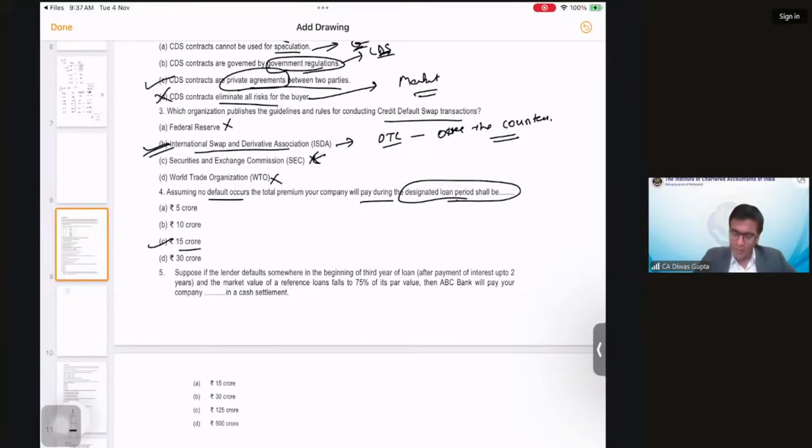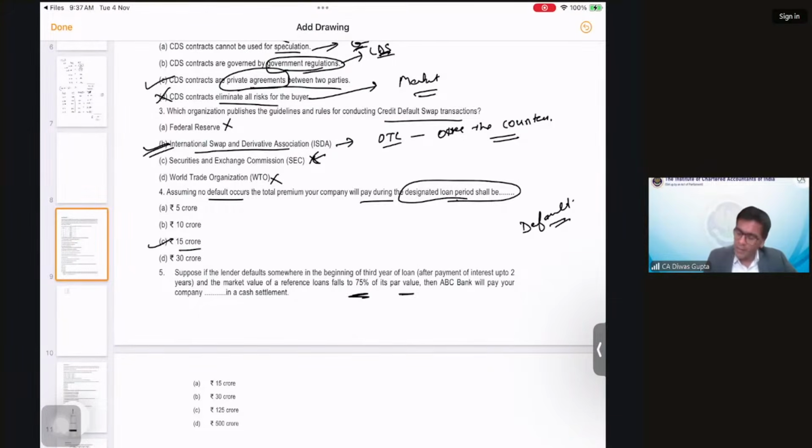Suppose if the lender defaults somewhere in the beginning of the third year of loan after payment of interest up to 2 years. So up to 2 years, the interest has been received and the market value of a reference loan falls to 75% of its par value. That means if there is a default, students, please do understand this.